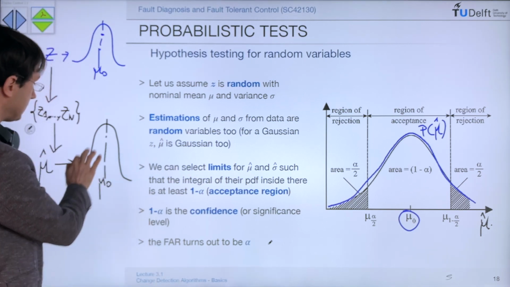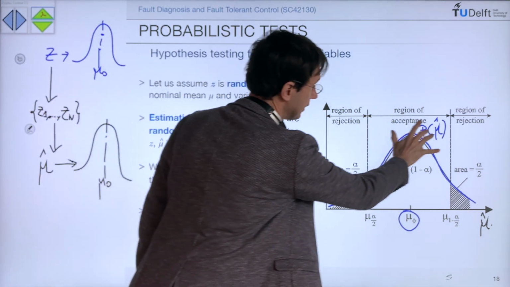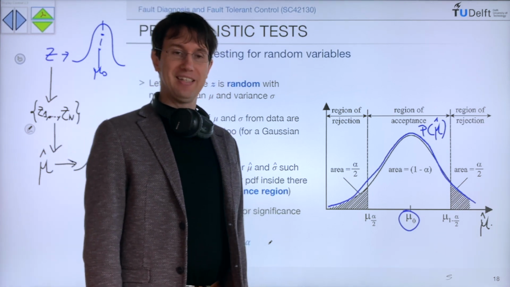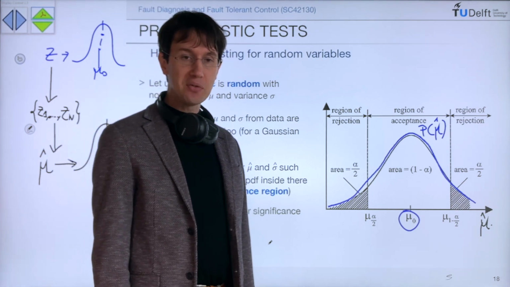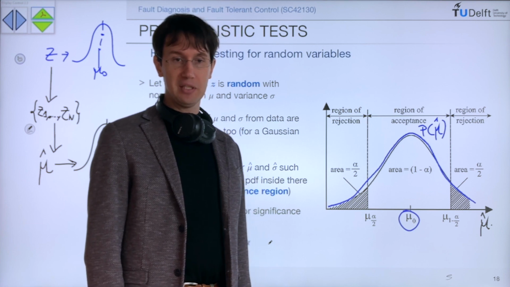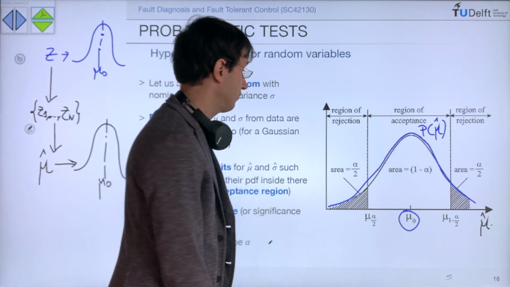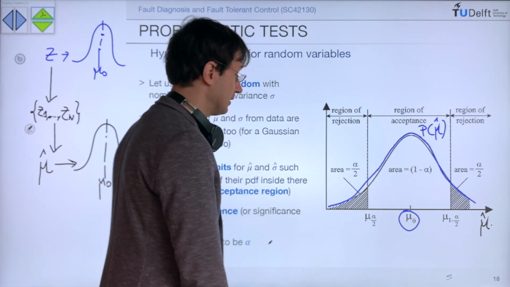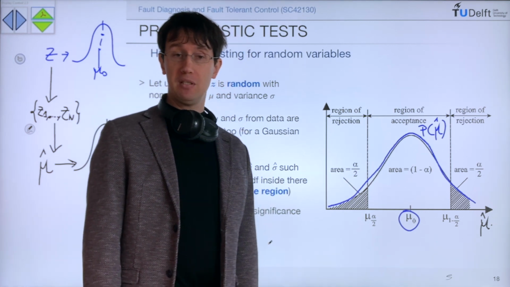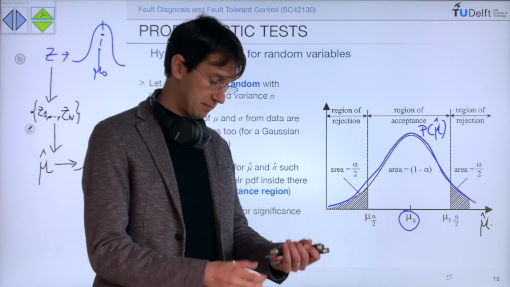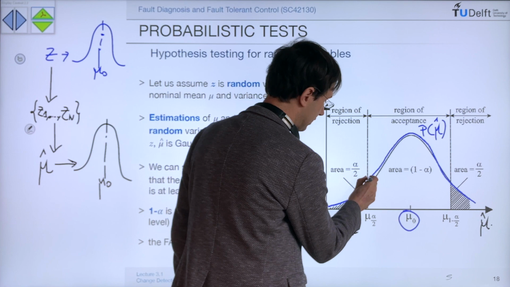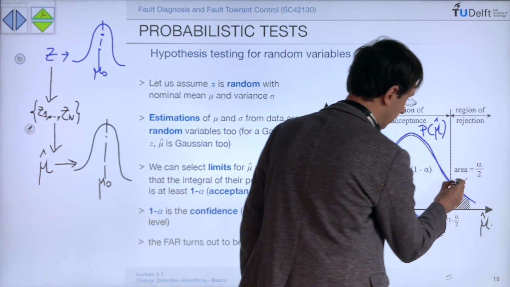So let's look at this Gaussian here. If we want to know whether a value of mu hat that we just computed is from a nominal condition or not, we can draw two bounds on this, a lower and an upper bound. One here and one here.